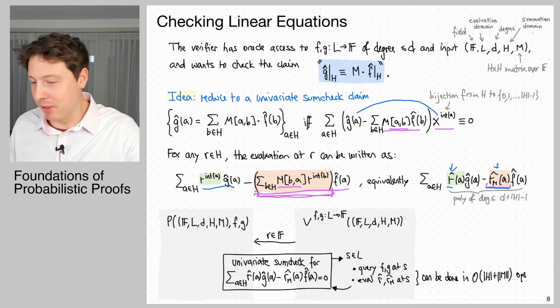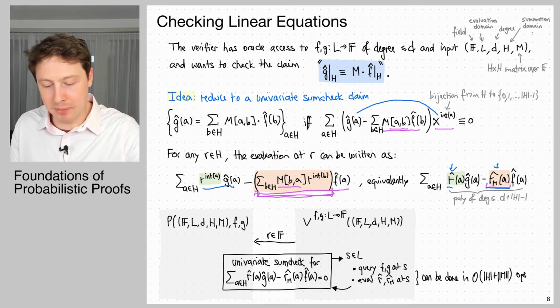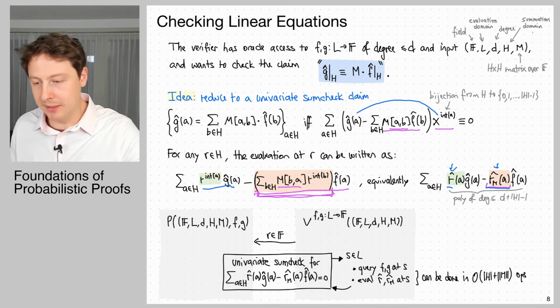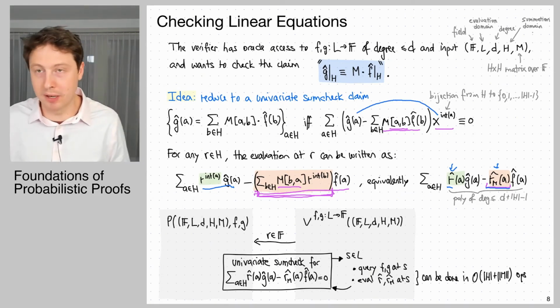Okay, let's just check if we're together. What is the soundness error of this protocol? Let's start, for example, from this randomness here. What is the error in the choice of r? There are some bad choices of r, right?